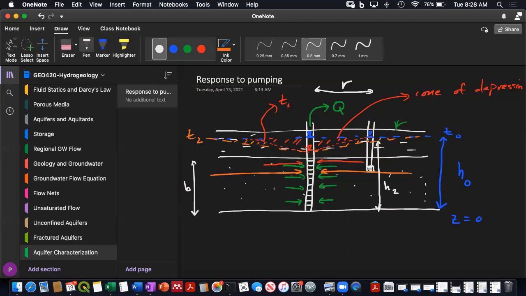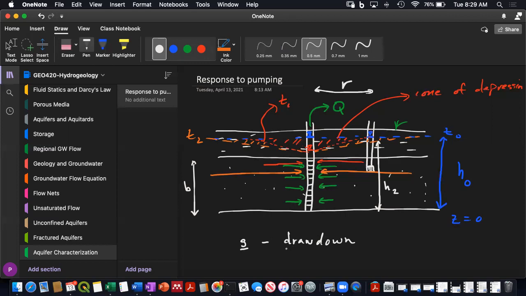So now let's do some definitions. Let's define little s. I'm going to put an underscore here so that we know it's little s, which we call drawdown. All right.